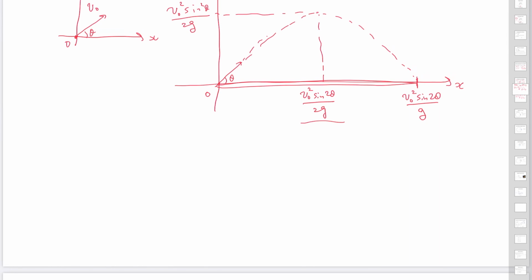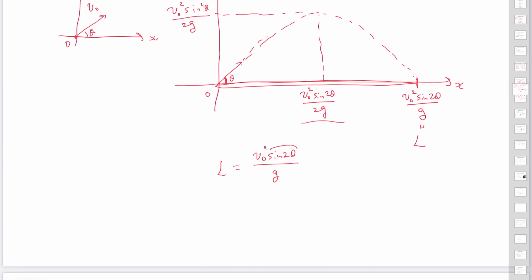We'd like to find the angle for which this length L becomes the longest. L is expressed as v sub 0 squared sine 2 theta over g. This capital L is a function of theta.